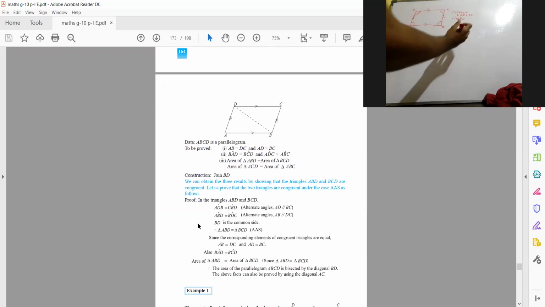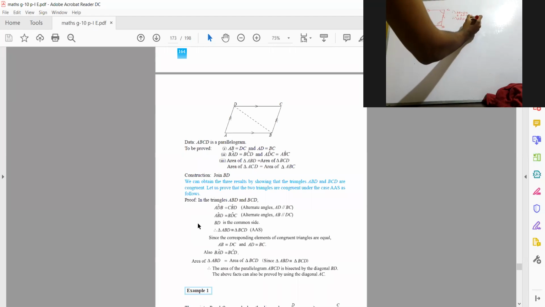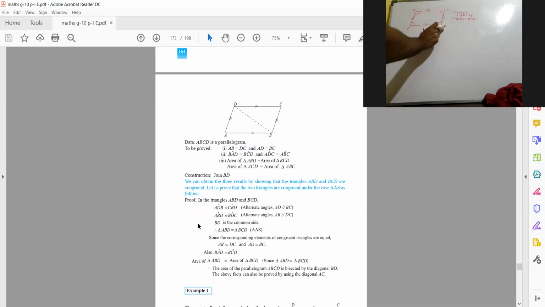BAD is equal to BCD. These two angles are equal, and the other two, ADC and ABC. These two angles are also equal. Those are the things that we are going to prove.